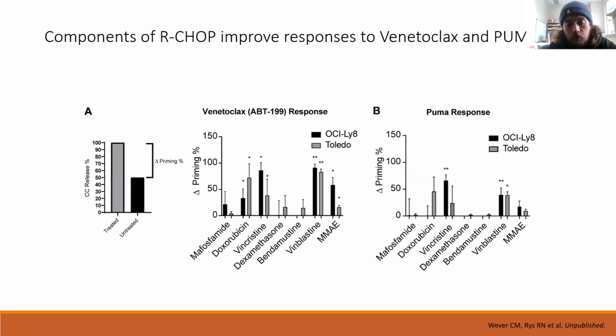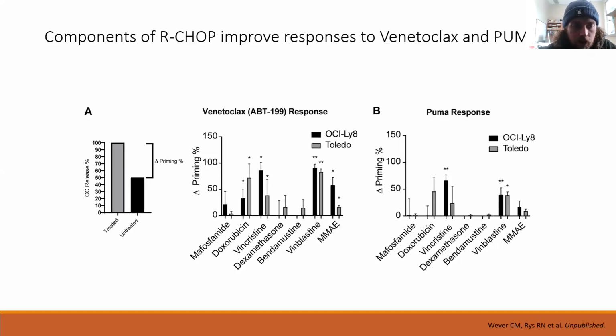Here's an example of using BH3 profiling on cell lines to look at synergizing of potential treatments that I had mentioned before. R-CHOP is basically the standard chemotherapy regimen for patients with DLBCL.